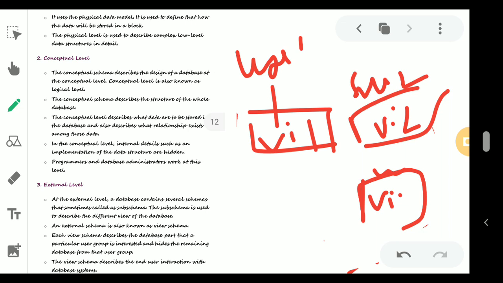Whatever user 1 is able to view, user 2 is not, because there are criteria. The whole database cannot be seen by a user.